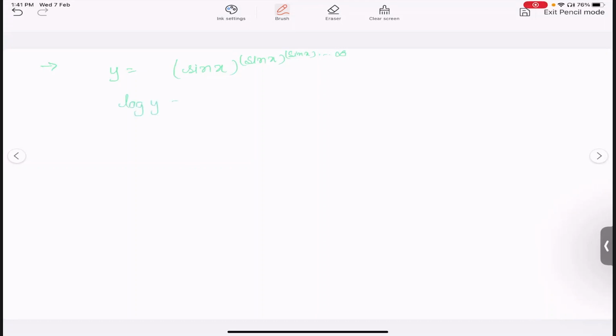So log y will be equal to sine x to the power sine x to the power sine x up to infinity times log of sine x, which is basically y times log of sine x.